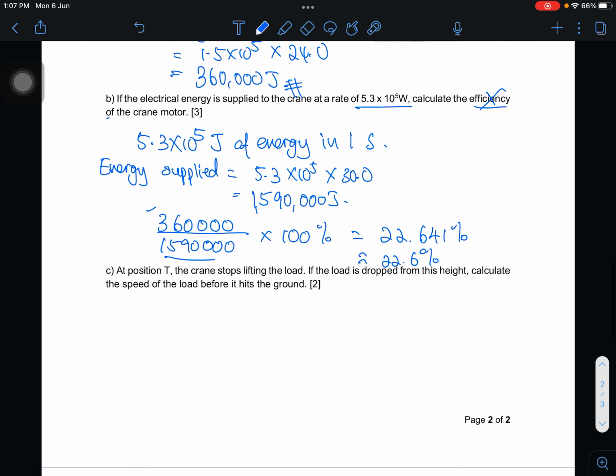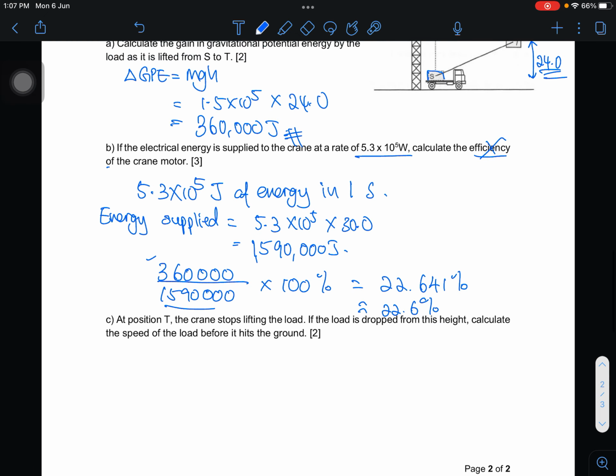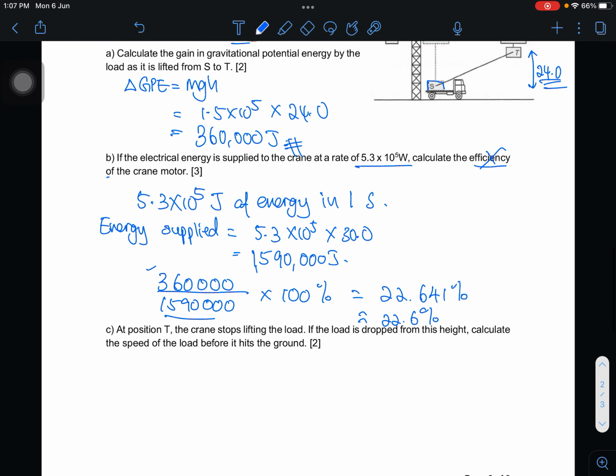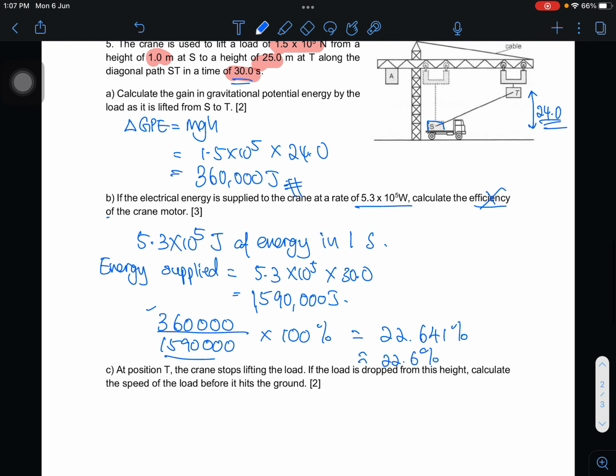So at position T, the crane stops lifting the load. If the load is dropped from this height, calculate the speed of the load before it hits the ground. Now we're talking about conservation of energy. The load is now at height 24 meters. It drops at height, no, not 24, at height 25 meters. It's going to drop for 25 meters, right?